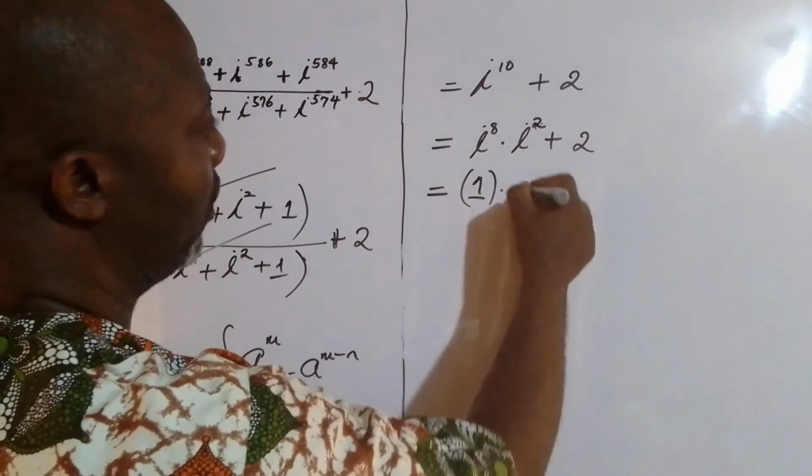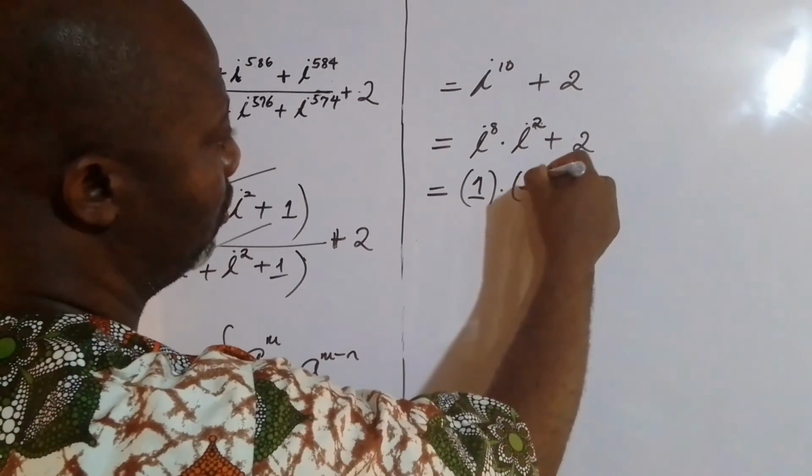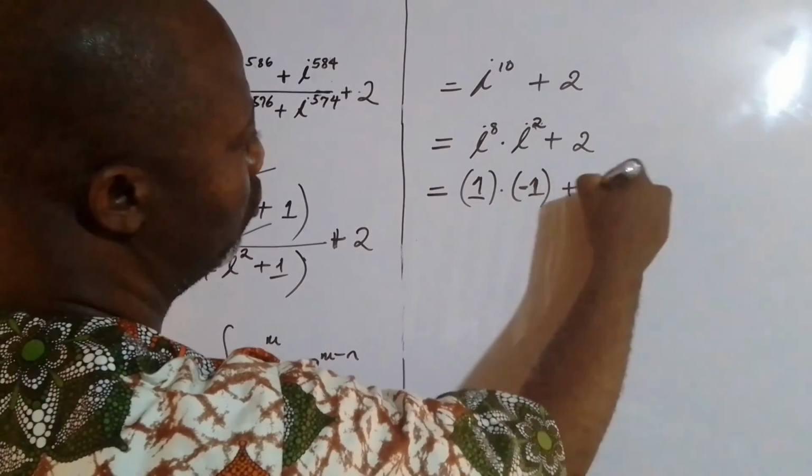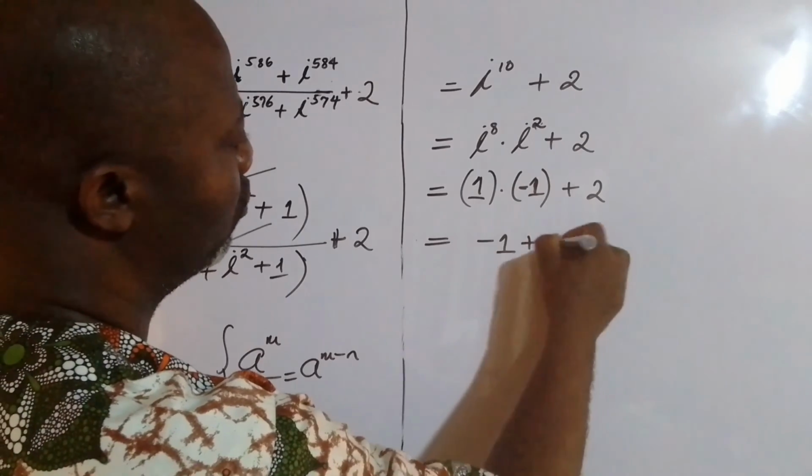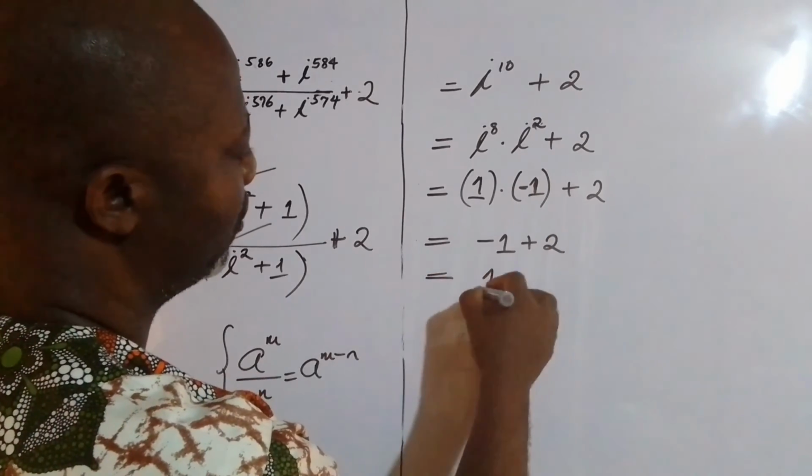Multiplied by i squared, which is minus 1, then plus 2. So when this multiplies, you have minus 1 plus 2. So the answer here is 1.